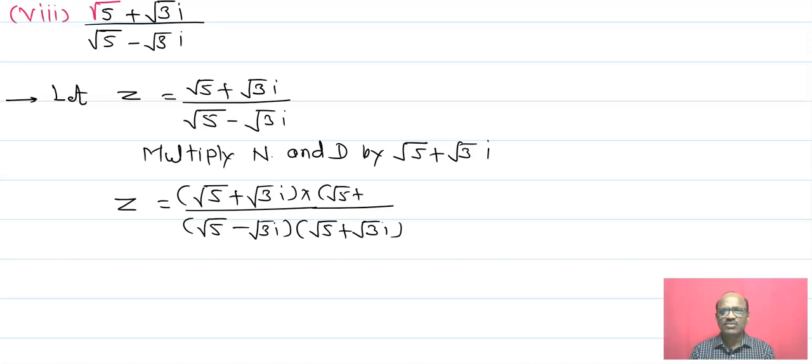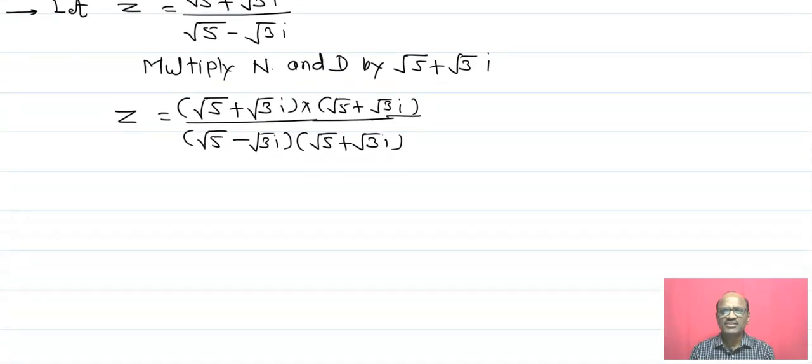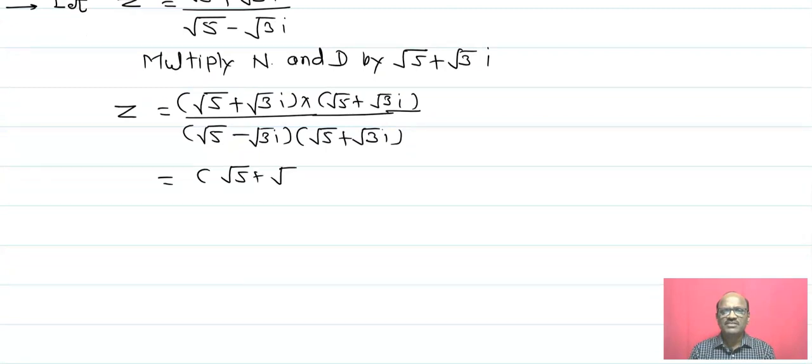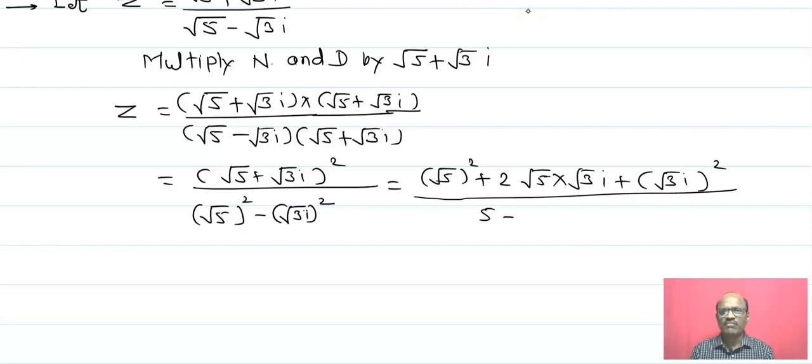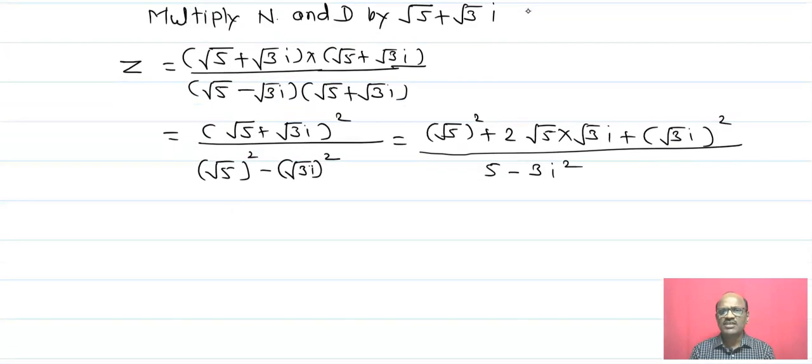Next, their multiplication comes (root 5 plus root 3 i) whole squared upon (root 5) squared minus (root 3 i) squared. Therefore you are getting (root 5 plus root 3 i) whole squared, means what? (Root 5) squared plus 2 root 5 root 3 i plus (root 3 i) squared, upon 5 minus (root 3 i) squared. Means 3 i squared, i squared is minus 1.